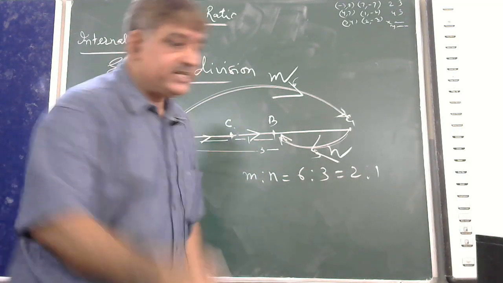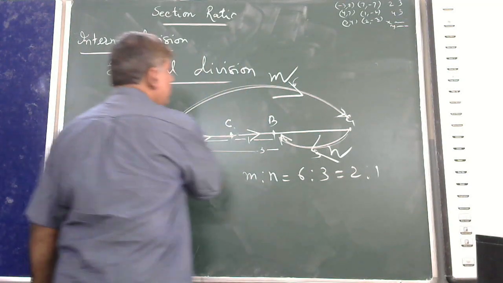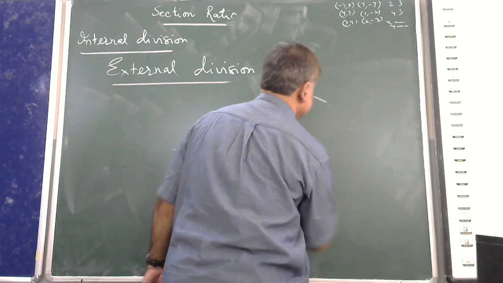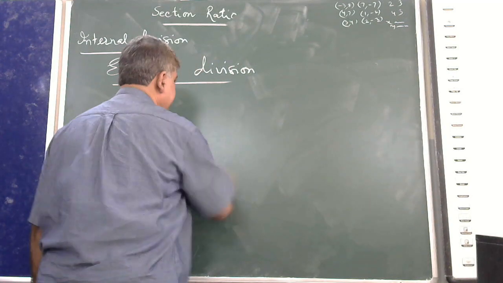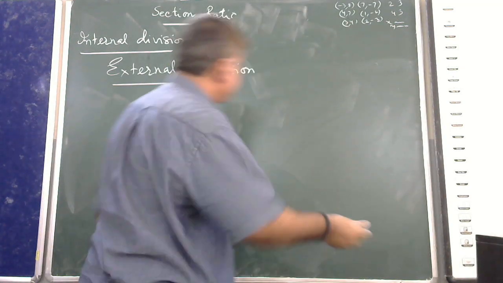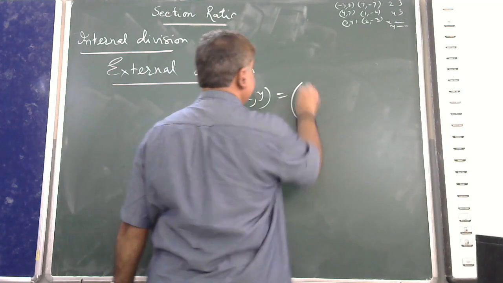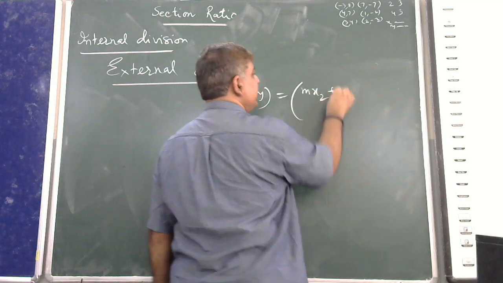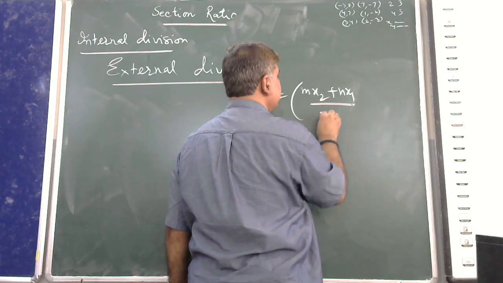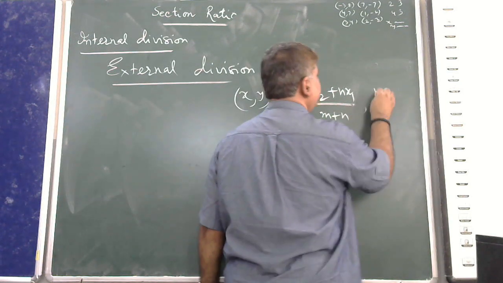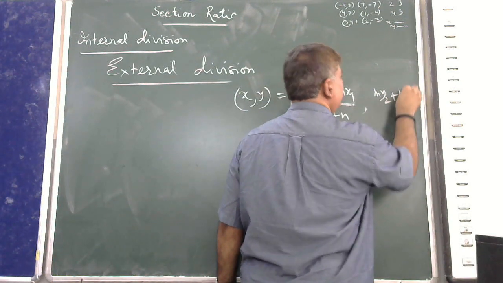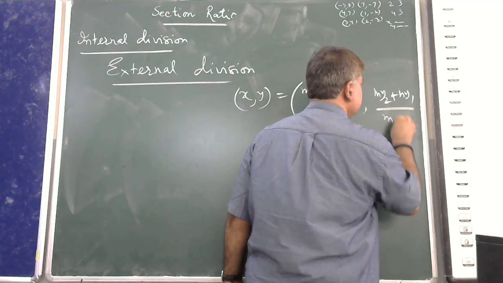So in case of internal division, we have the coordinates of the point C as x, y, that is for internal division x comma y, we have written (mx2 plus nx1) by (m plus n), comma (my2 plus ny1) by (m plus n).